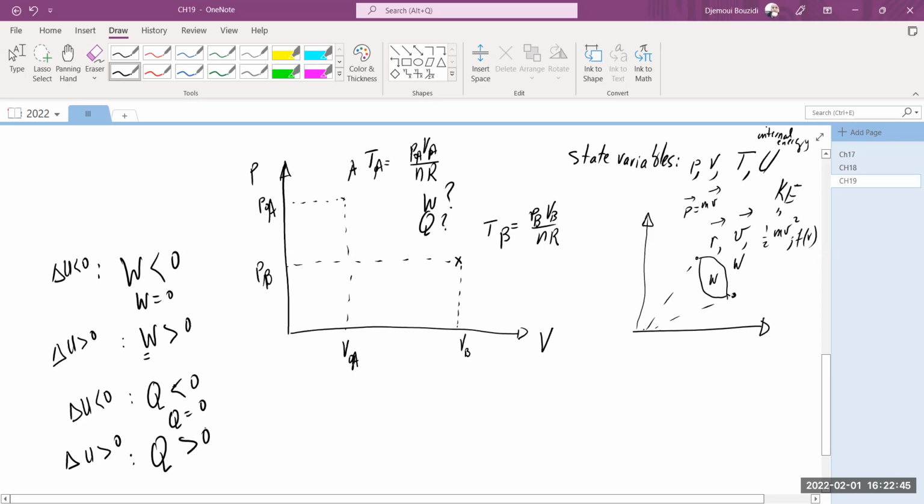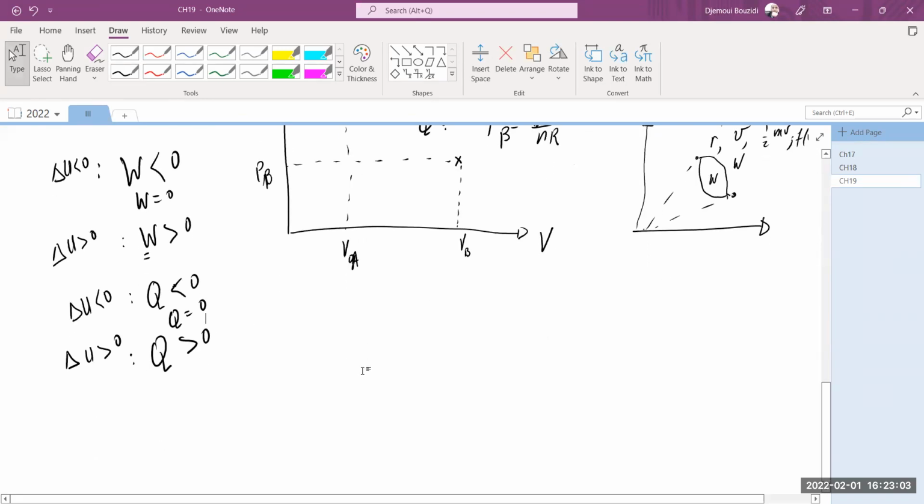All you have to do is take your entire system and wrap it in a nice blanket so that it doesn't lose heat or gain heat. Okay? So there are those possibilities too. So those are the ways to change the energy of the system, which brings me to the first law of thermodynamics.